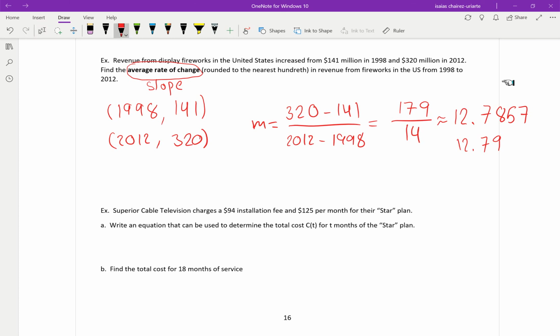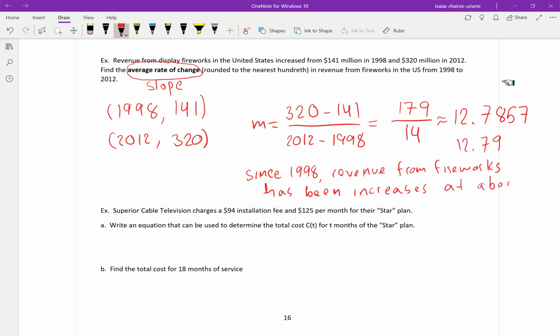Yeah, and let's think about what this is saying. Let's interpret this. I'm going to say the following: since 1998, revenue from fireworks has been increasing at about 12.79 million dollars every year.